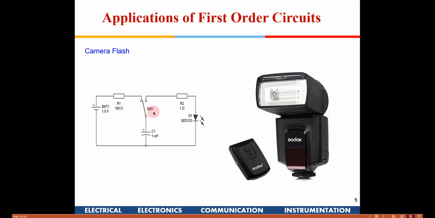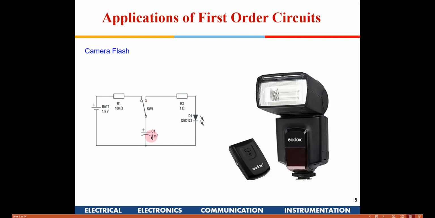So this is the kind of circuit we generally use. This is a very simplified circuit; the actual circuit will be slightly more complex. Here we charge this capacitor using a battery. We can take a small amount of current, but for a longer duration, and charge this capacitance, and then we move the switch.